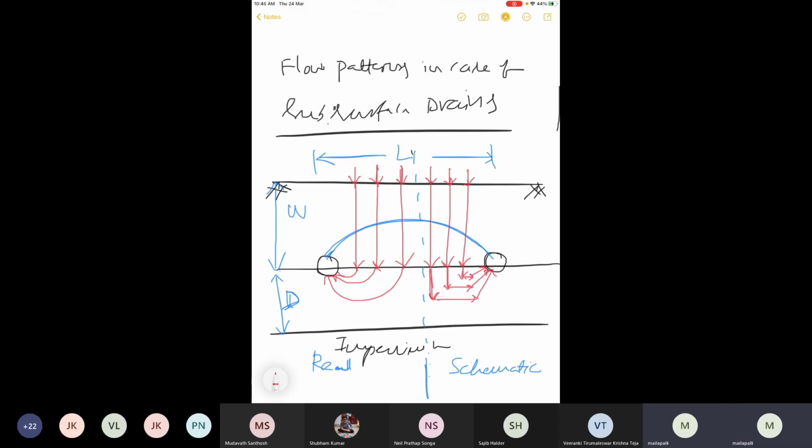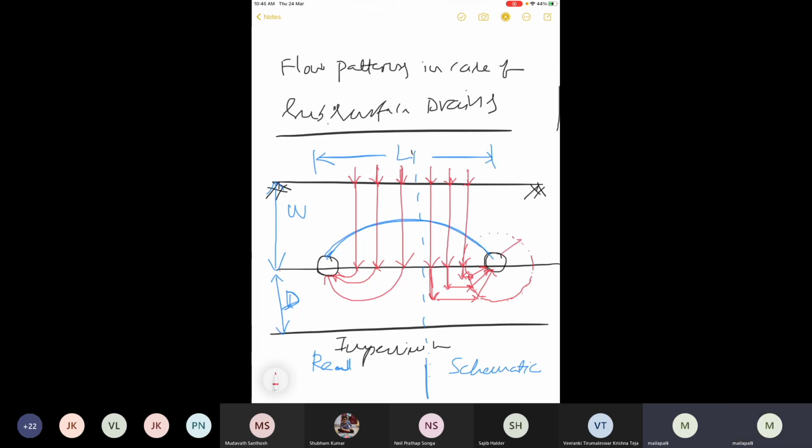So instead of vertical and radial, you have a horizontal flow component in the schematic. The horizontal flow will end exactly at the circumference of the radial flow.